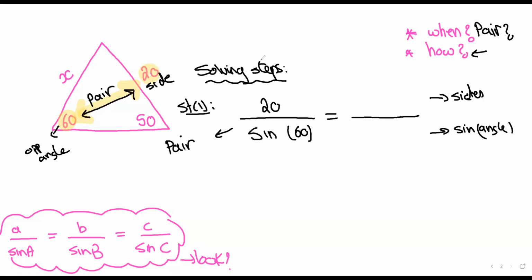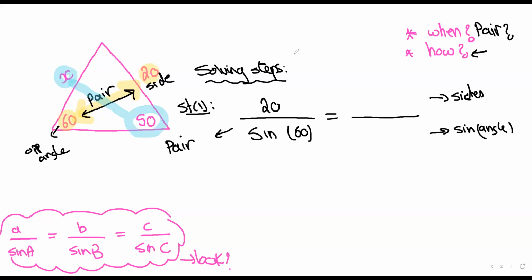And in the other fraction, what do I put? I put my unknown. And please note that whenever you are required to calculate a side, you must have the opposite angle. If I want to find a side, its angle must be present.